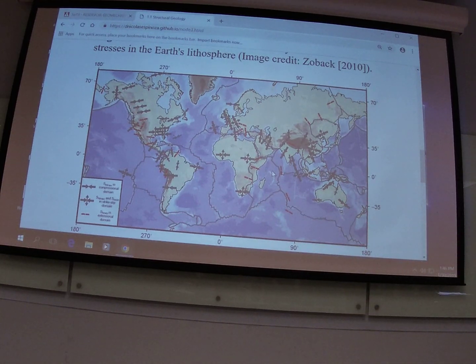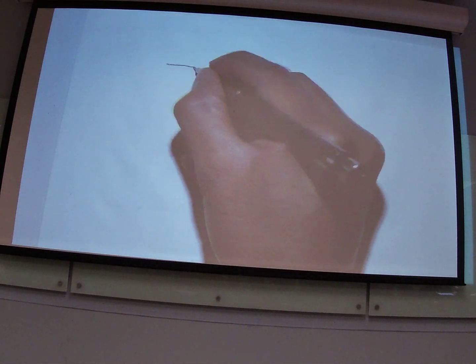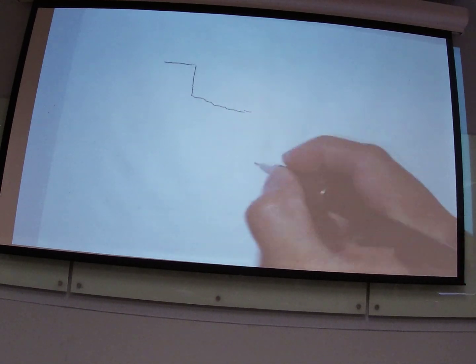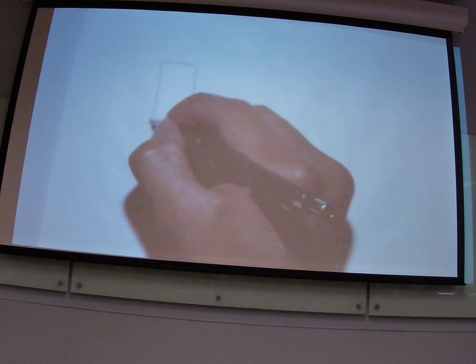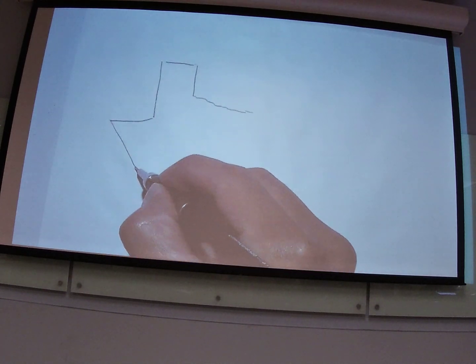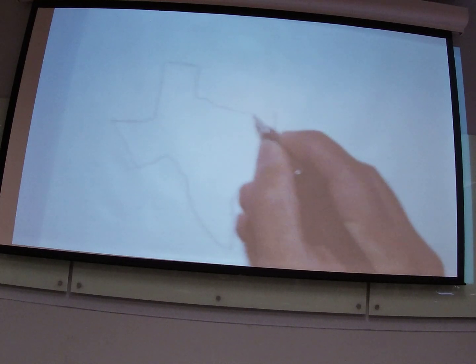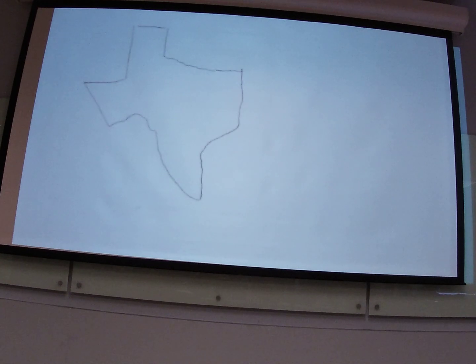So, let's go now back to Texas. I'm going to do my best here to make a schematic of the state of Texas, which always gives me a lot of trouble. Something like this. Okay, not too bad.